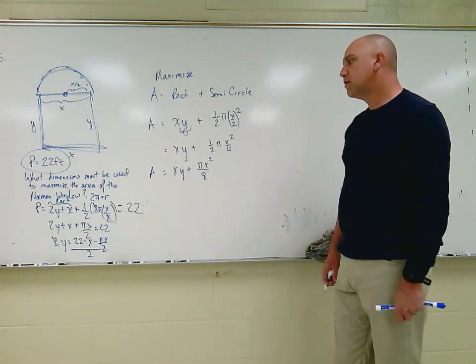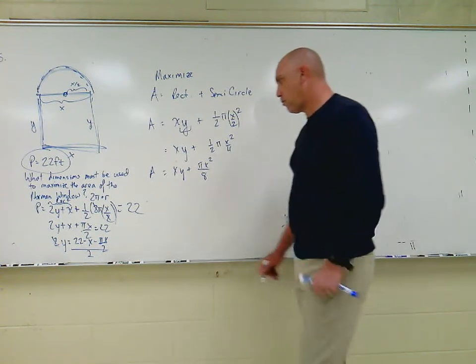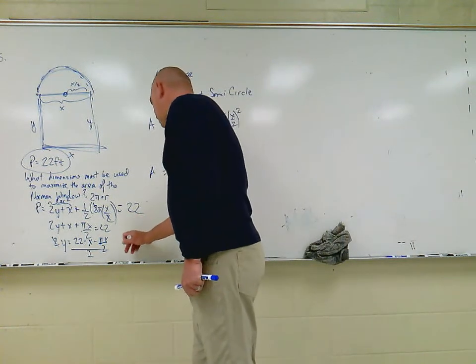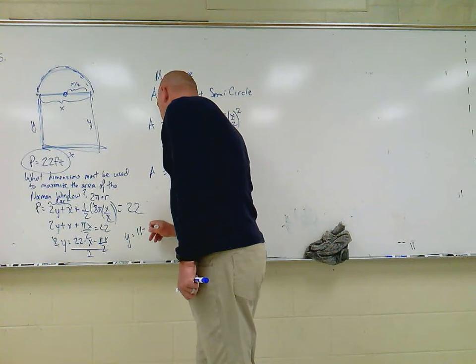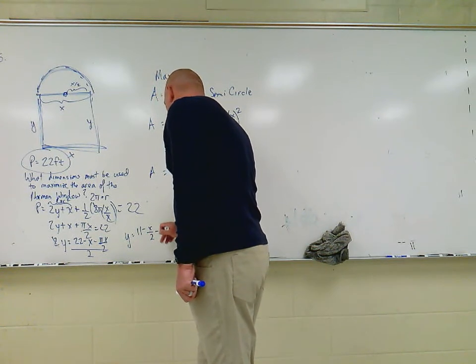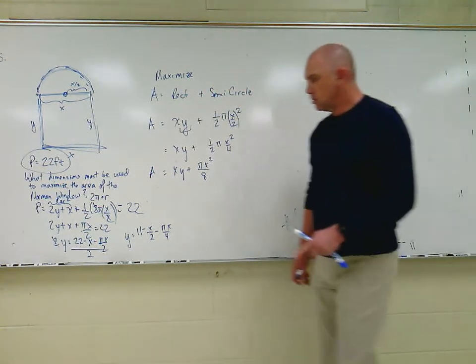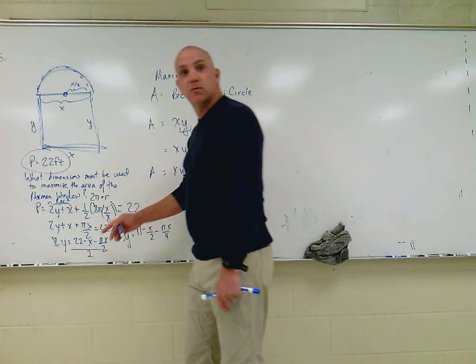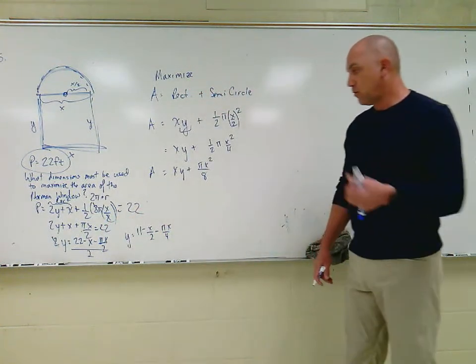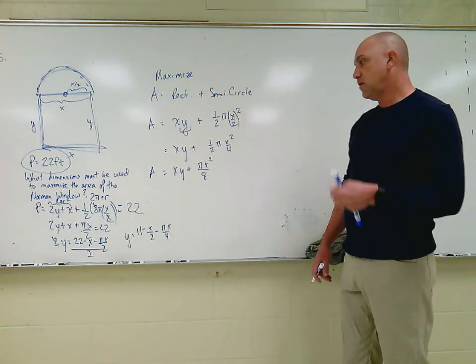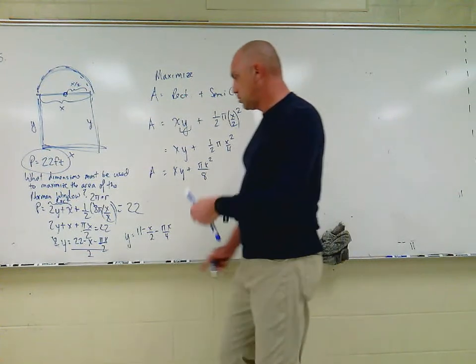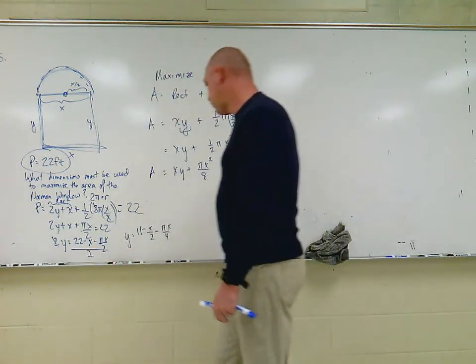Not pretty. Okay. So my y is 11 minus x over 2 minus pi x over 4, because all I did was divide each piece by 2. 22 over 2 is 11, x over 2, and pi x over 2 divided by 2 is pi x over 4.